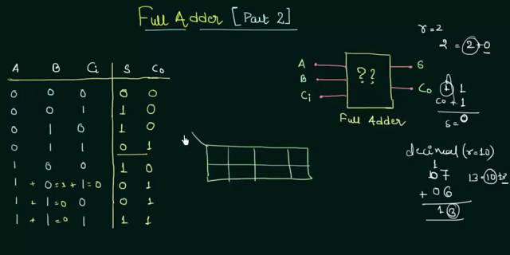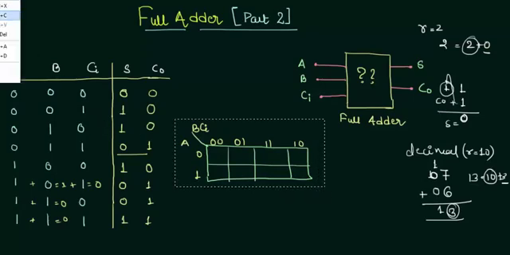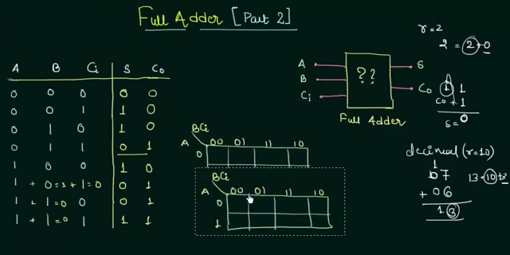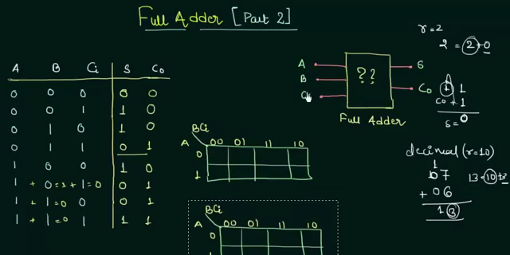We will write first the MSB, which is A, then B, and then LSB Ci. This is your 0 0 0 1 1 1 1 0 0 1, and let me copy this K map because we are going to need this K map, or a K map exactly like this, when we are solving the carry output.